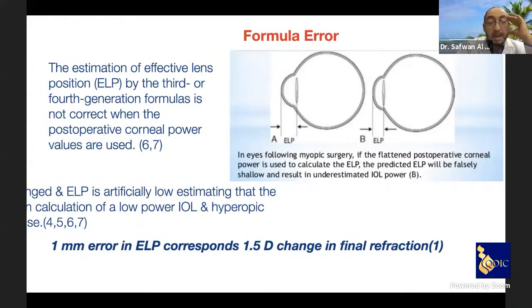In an eye following myopic surgery, if the flattened postoperative corneal power is used to calculate the effective lens position, the predicted value, because it is mathematical, will be falsely shallow and result in underestimating the IOL power, then a hyperopic shift. A 1 millimeter error in effective lens position corresponds to a 1.5 diopter change in the final refraction.